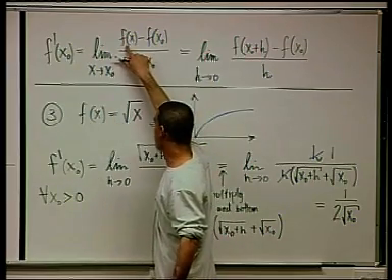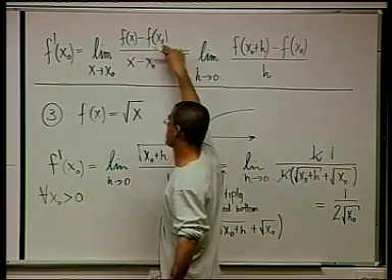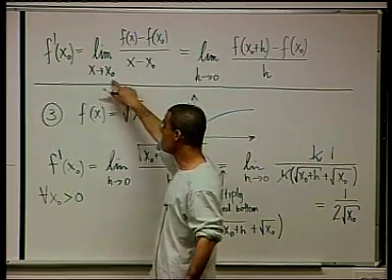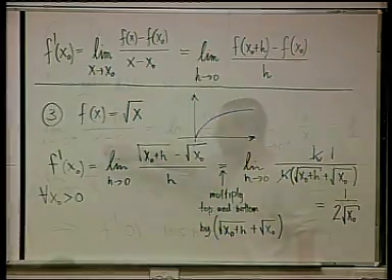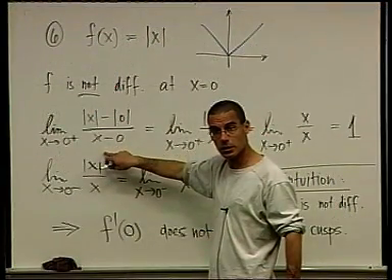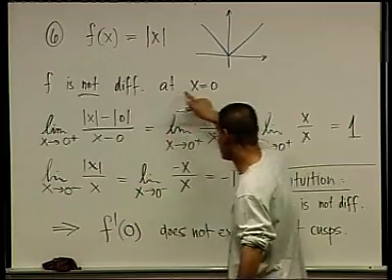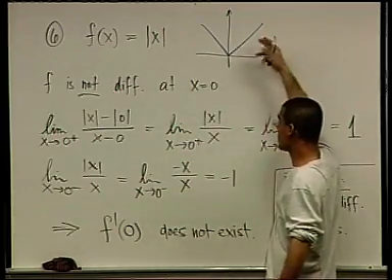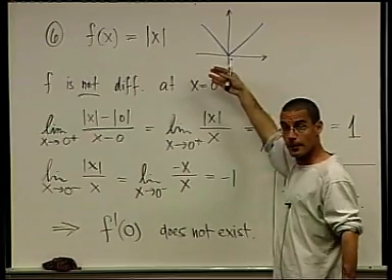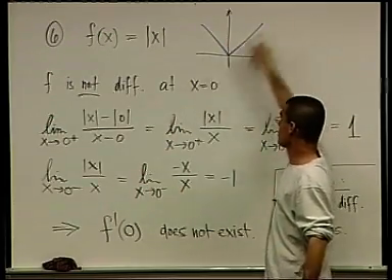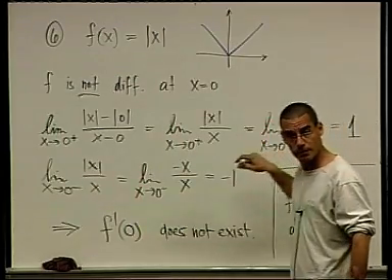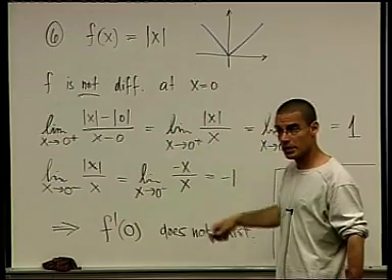So absolute value of x minus absolute value of 0 divided by x minus 0 as x approaches 0. That's precisely what we wrote here. Okay? Because we're showing that it's not differentiable, not at any point, only at the point 0. At any other point it is differentiable. At any other point, well, here it's just the function x, and the derivative is 1. Right? And likewise for the negative numbers.